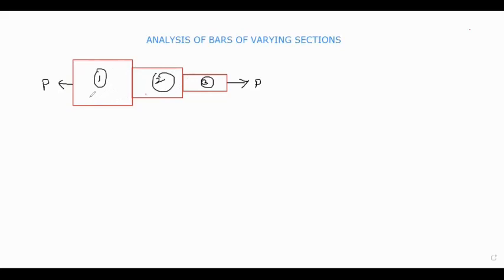So here you can take the area of this section as A1, this as A2, and this one as A3. And the corresponding lengths you can take as L1, L2, and L3.